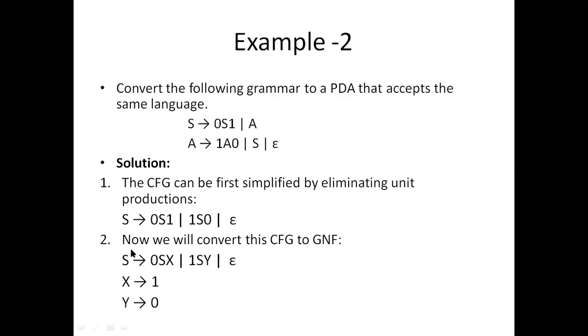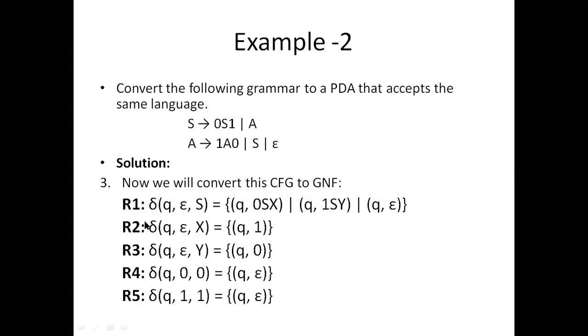So if S is there on the stack top, without consuming any input, we push these things onto the stack. So we have three transitions in the PDA with respect to this particular start symbol S. That is what is shown here. Either this happens or this happens or this happens.